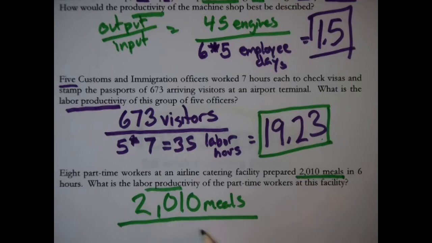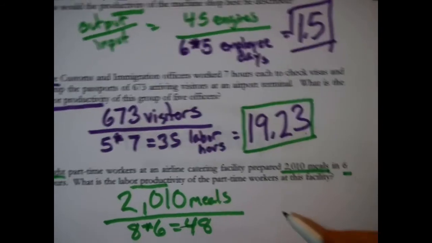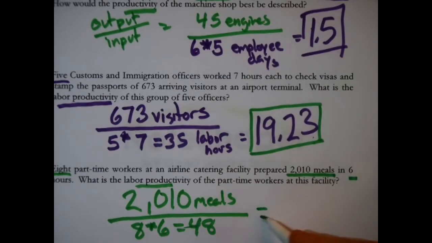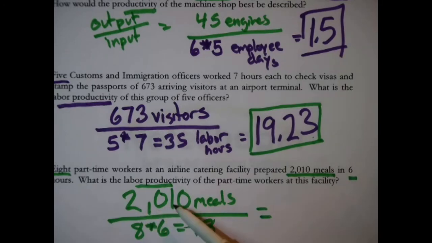So we just need the labor hours in the denominator. There are, in this case, 8 part-time employees. They're working 6 hours each. So the denominator, 6 times 8 is 48. So we would want to say 2010 divided by 48.